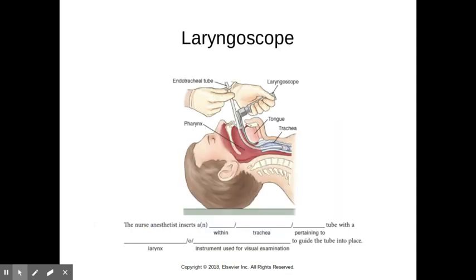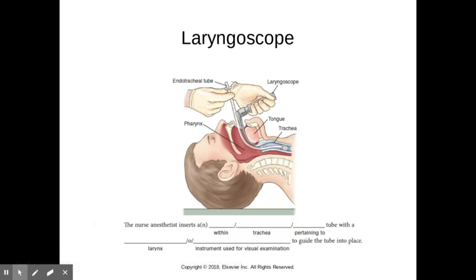Laryngoscope, so a device to inspect the larynx, right? So the endotracheal tube, which is within the trachea, and a laryngoscope. You have a pharynx, which is the upper part of the throat, the larynx, and whatnot too.